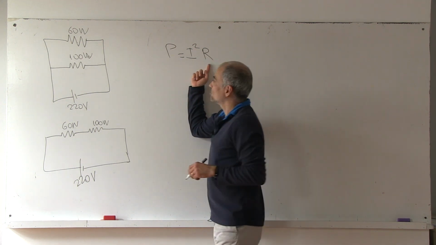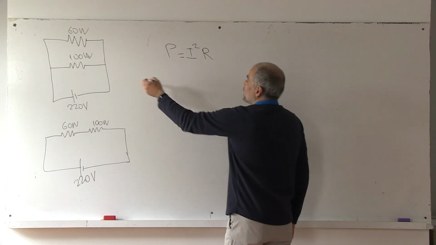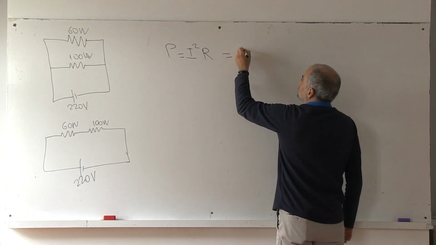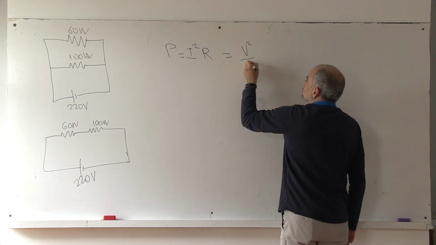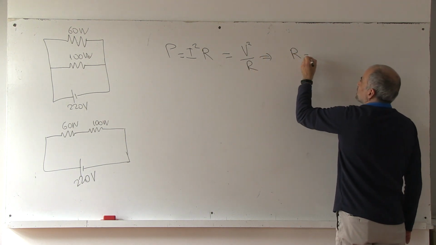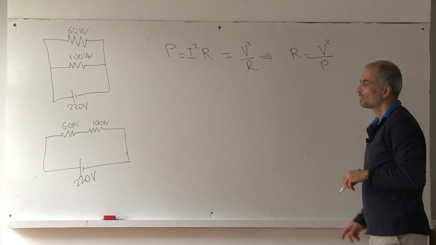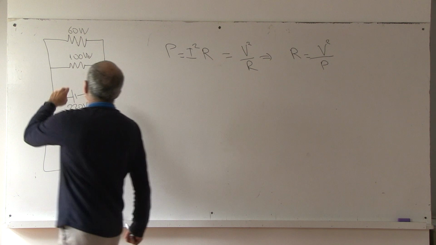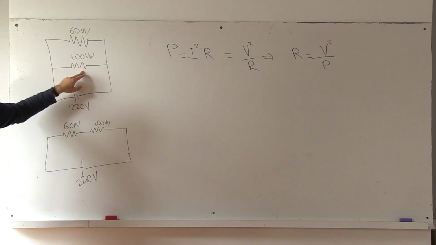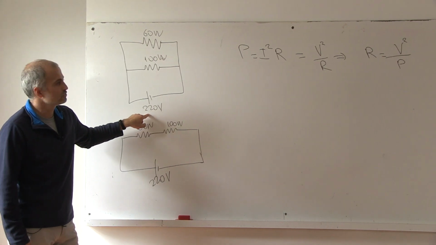Now, how can we determine the resistance? Let's look at this example. The power can also be written as V squared over R, or the resistance is V squared over the power. So you see here that this lamp has a power of 100 watts connected to 220 volts.